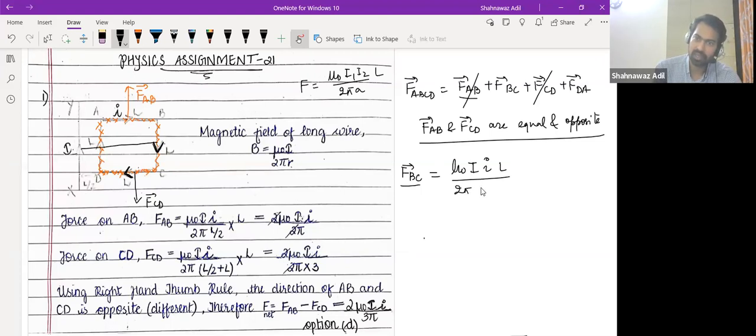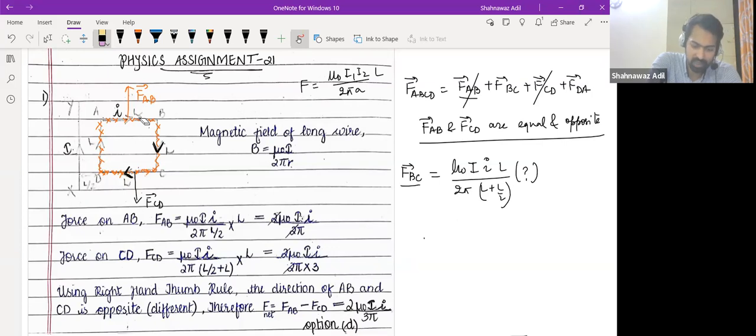So 2 pi times L plus L by 2. Now I am asking, what would be the direction of the force? Current is going downward, magnetic field is inwards.